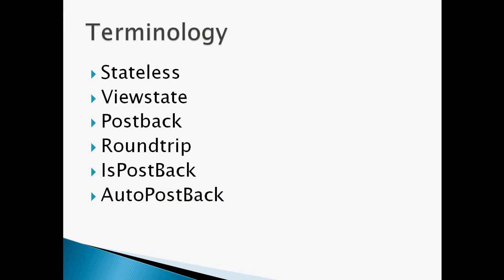So let's learn some terminology in order to learn the web page lifecycle. First are stateful and stateless protocols. Generally there are two types of protocols: stateful or stateless. What is the meaning of stateless protocols?